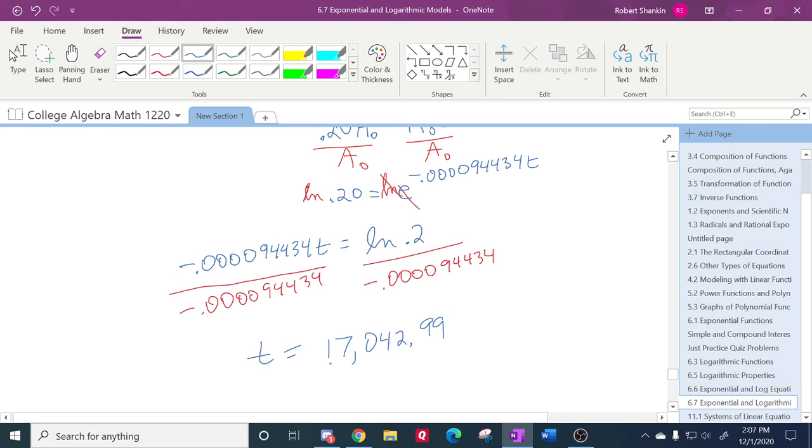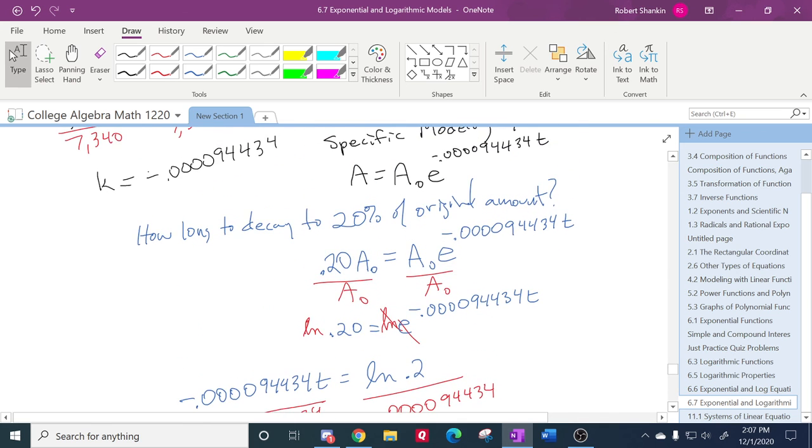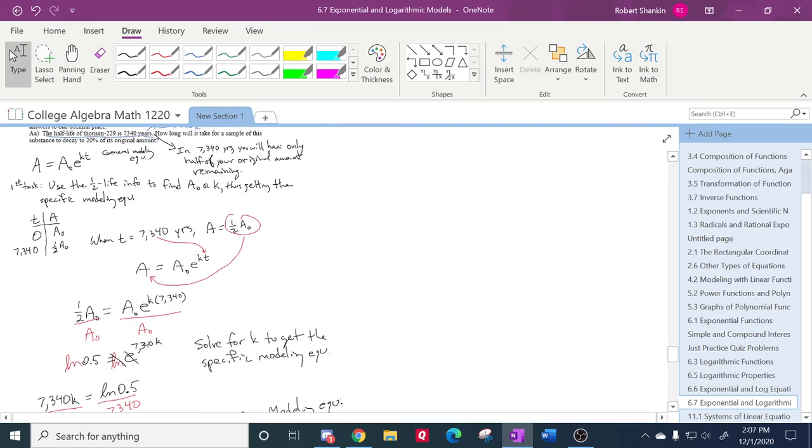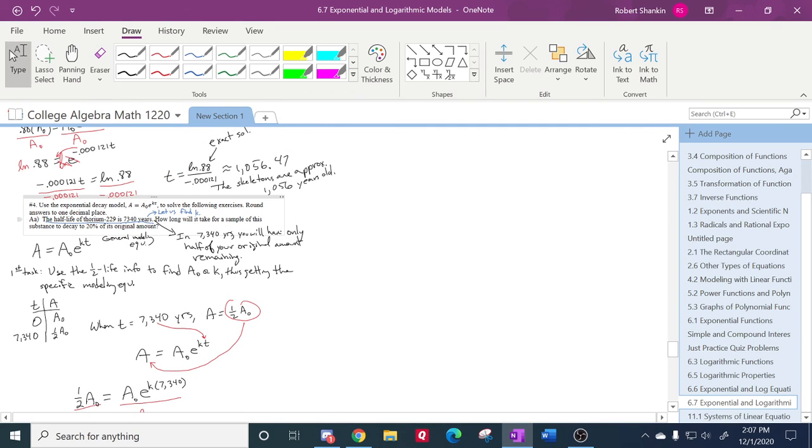So it took approximately 17,000 years for it to decay to 20%.